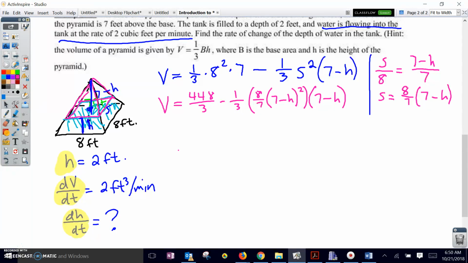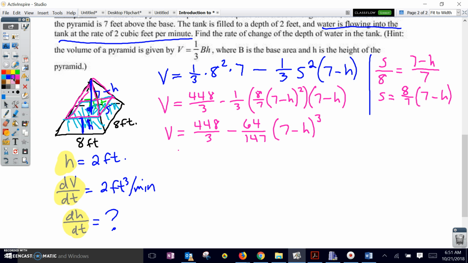And if I simplify that, I'm going to have that the volume is equal to 448 over 3 minus, let's see, 8 squared is 64, 7 squared is 49 times 3, that's 147. And there's an expression for the volume.